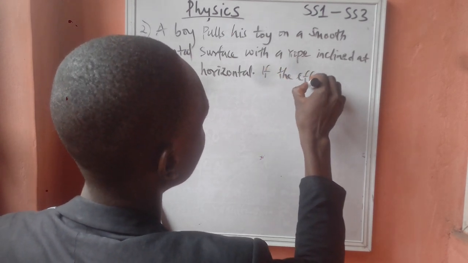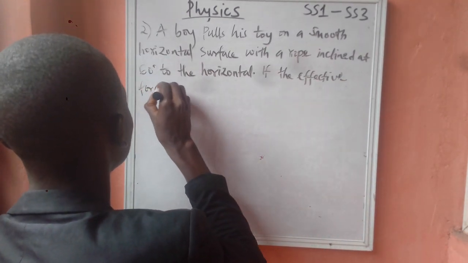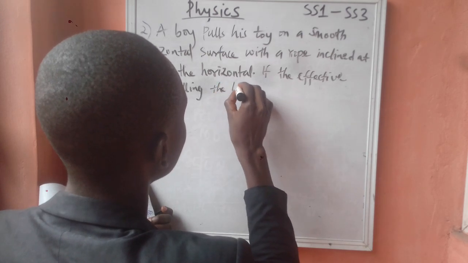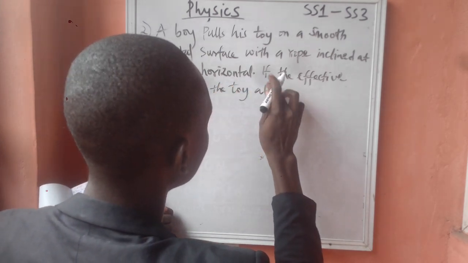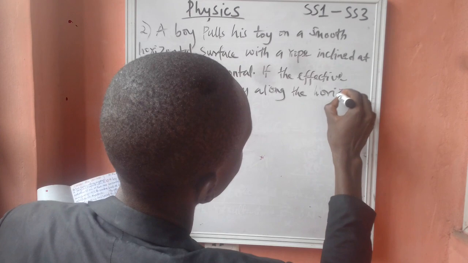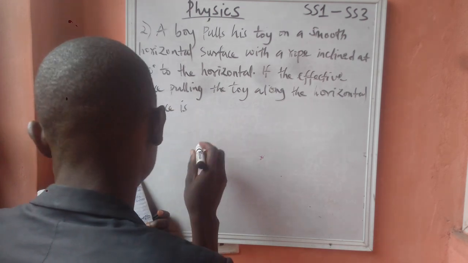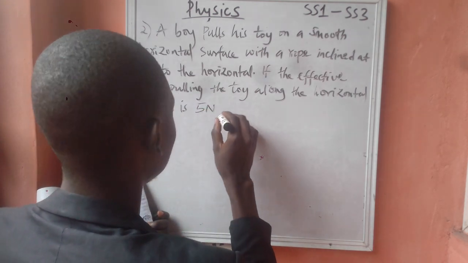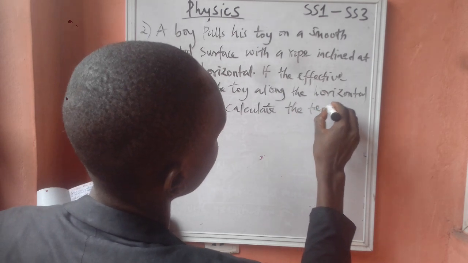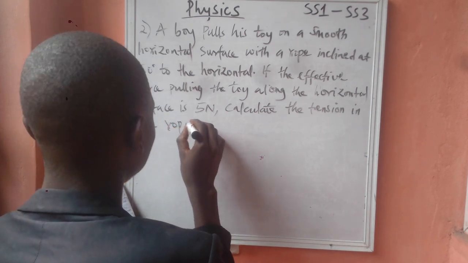If the effective force pulling the toy along the horizontal surface is 5 Newton, calculate the tension in the rope.